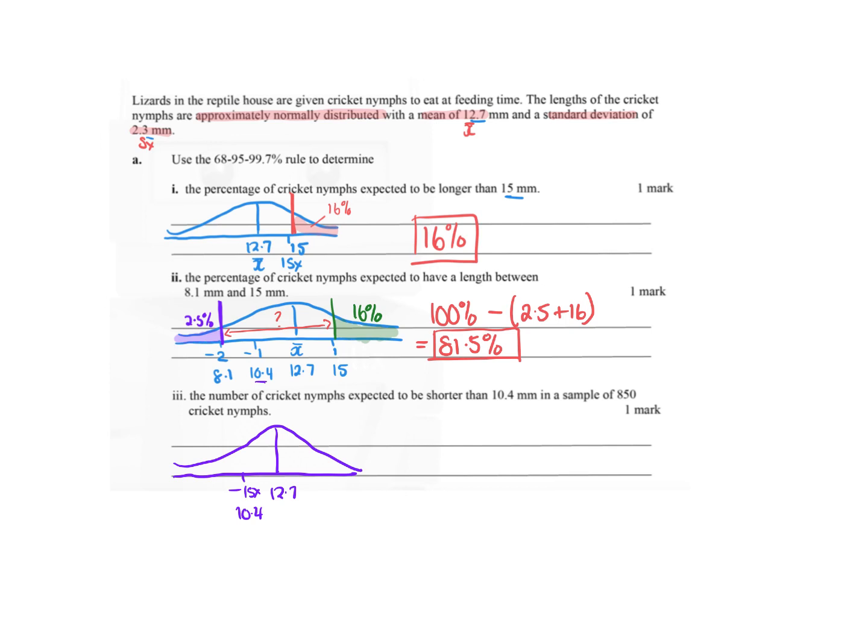So they want the number that is shorter than that, which would be all the ones going back this way. What do I know about that? I know when I have one standard deviation that this pocket is 16%. So I want 16% of the sample of 850 that are less than that 10.4.